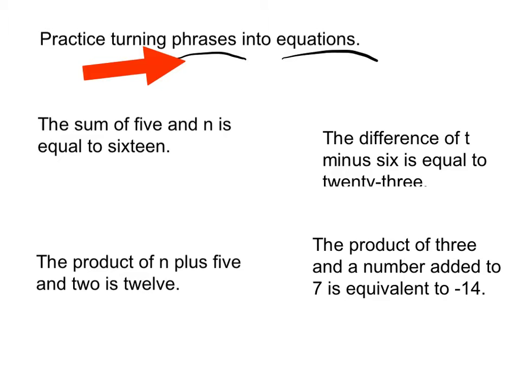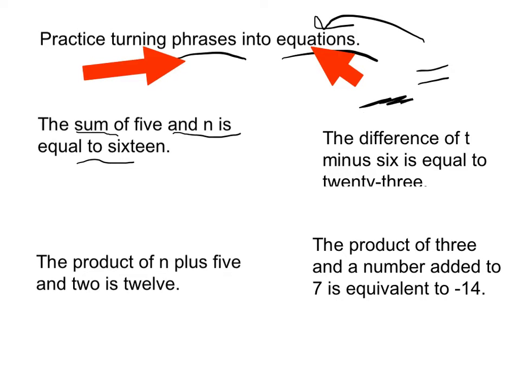And then we're looking for how to turn those into equations. And we're going to go through and we're going to underline and highlight what are your clues. And we're going to build an equation together. Equation means has an equal sign, so you need something on the left and a little something on the right.